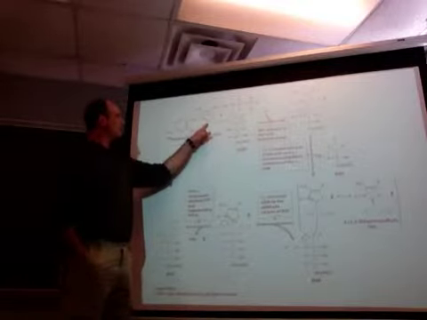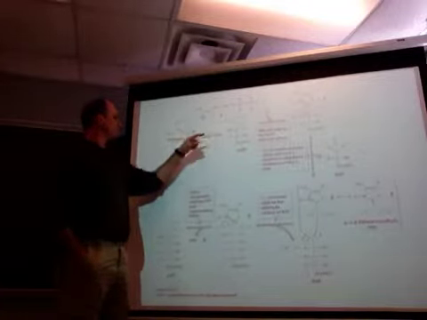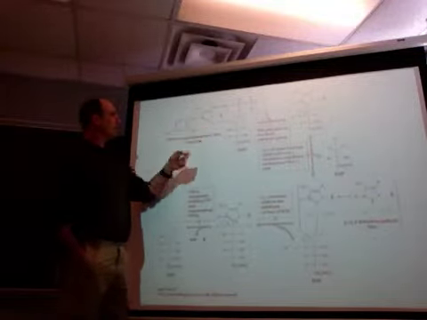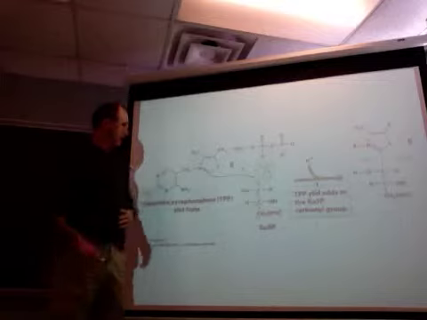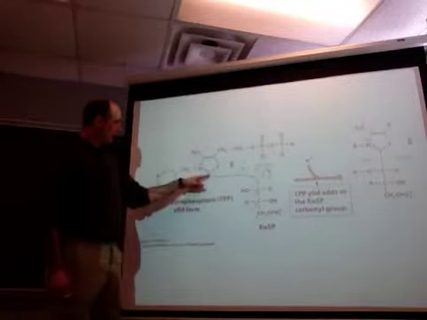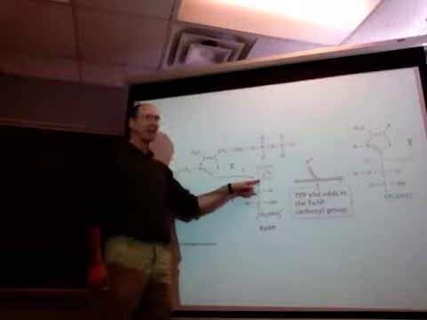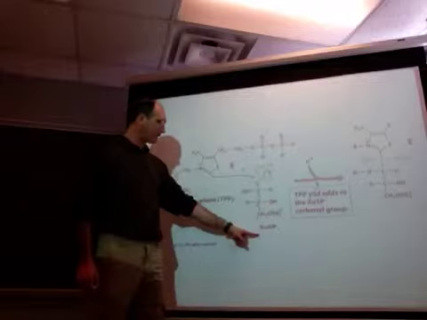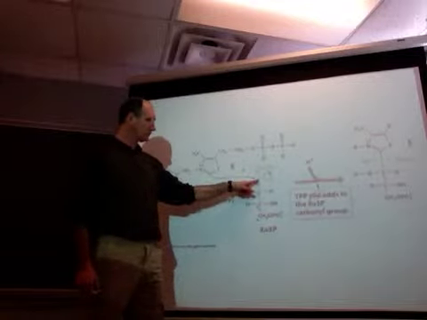And we said that this carbon of thiamine pyrophosphate in the enzyme can be deprotonated. Let me make it bigger. That carbon can be deprotonated. That can be used as a nucleophile to attack the carbonyl, in this case of xylulose 5-phosphate.